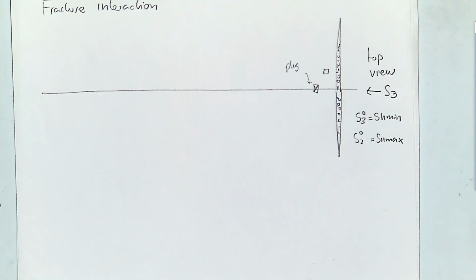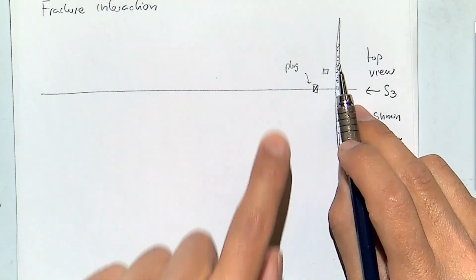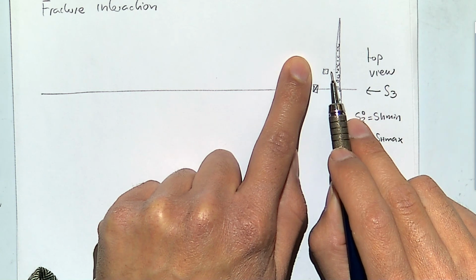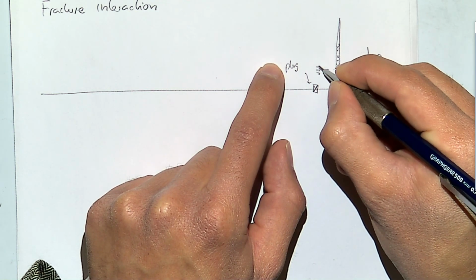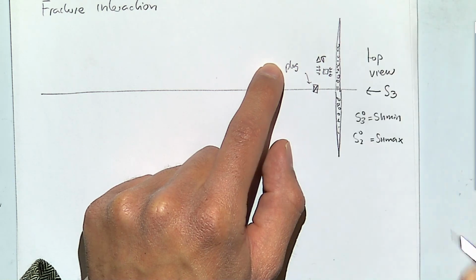Do you think it would be the same? Would it change? Remember that all of this is rock, so when we put a fracture, we are compressing the rock near the fracture. And that compression is going to create an additional stress near this fracture.